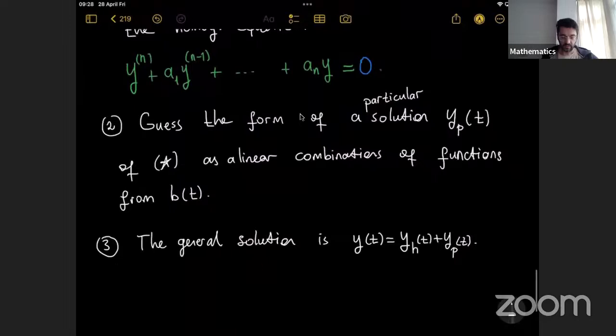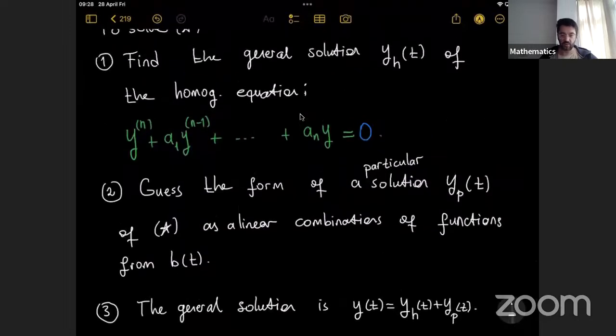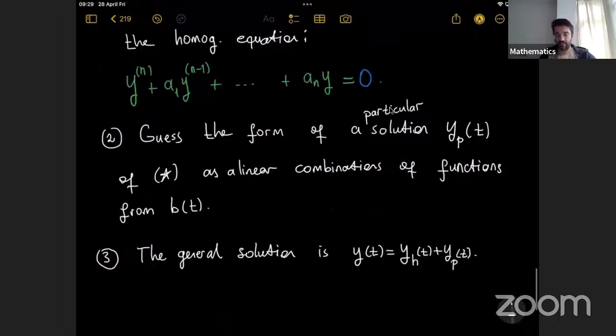Okay, so this is the form of the general solution. We will follow these steps to get the general solution. Let's do a simple example, then we will give a break.